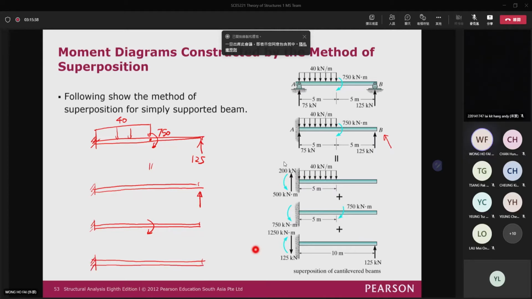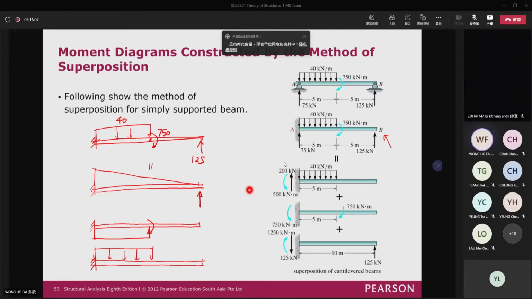Then you can draw the bending moment diagram easily. So like here, you can have your bending moment diagram like this immediately. You know that it will be something like that. And then for here, you will draw your bending moment diagram something like this.